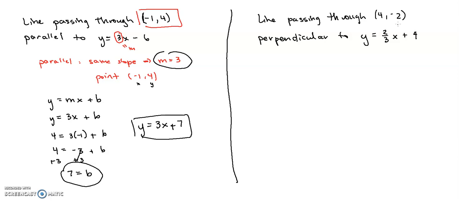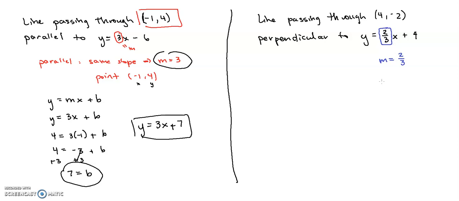So we have a point. We need a point and a slope to make the equation of the line. We don't have the slope, but we do know that it's perpendicular to this line. So what's the slope of the line that we're given? It's in y equals mx plus b form, so the slope is 2/3.